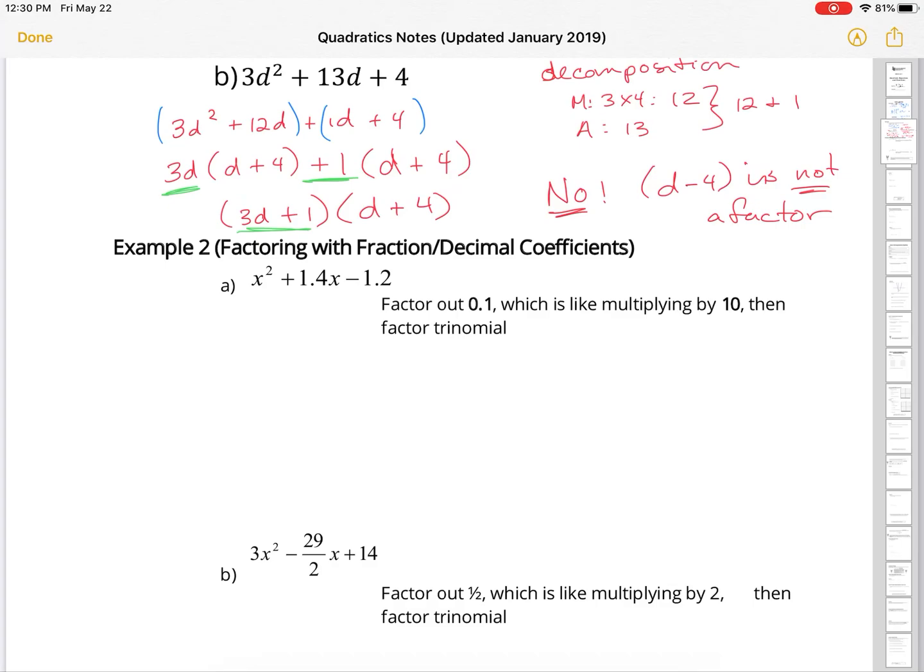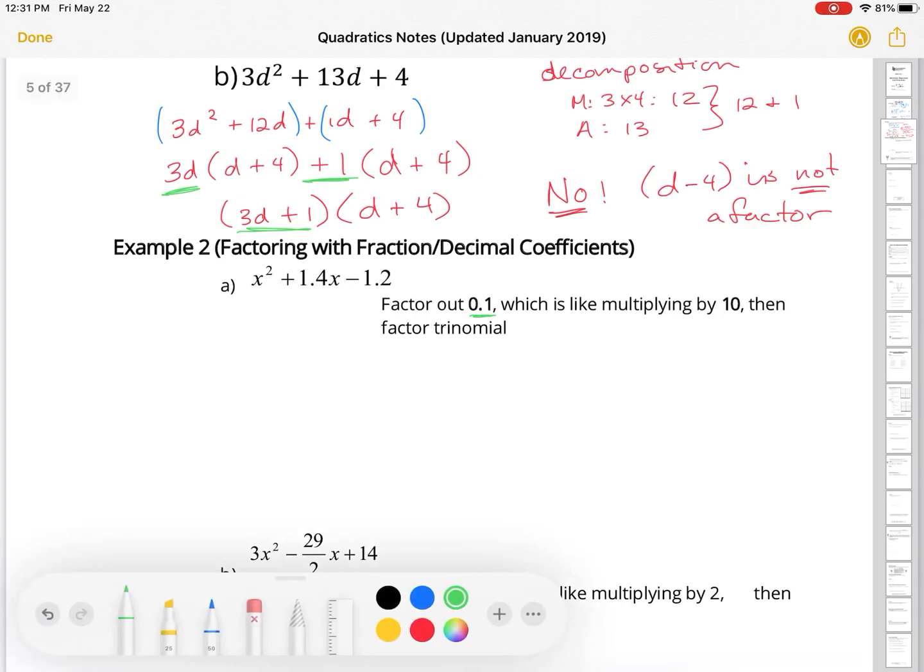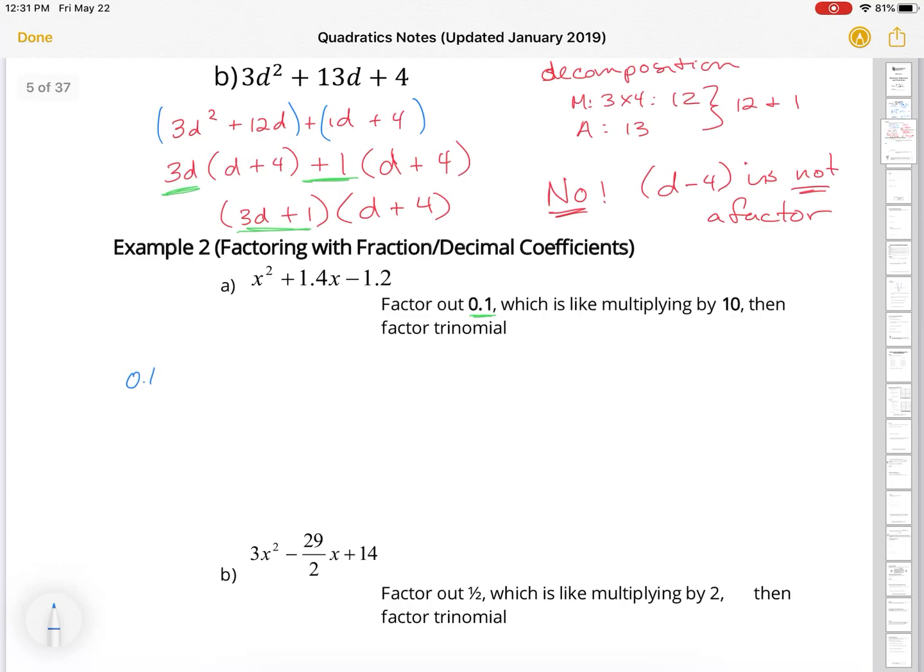Factoring with fractions or decimal coefficients. So we'll take a look at that. So if you want to get rid of these decimal coefficients, we're going to factor out the 0.1, which is like multiplying by 10. So let's do that. So we factor out 0.1 from this.